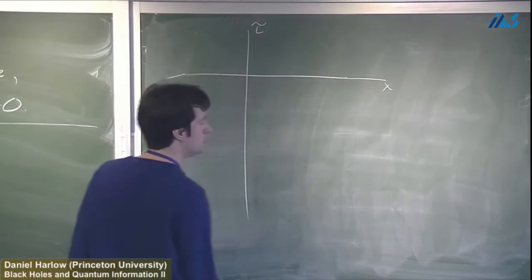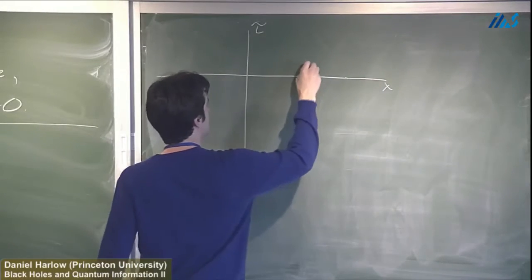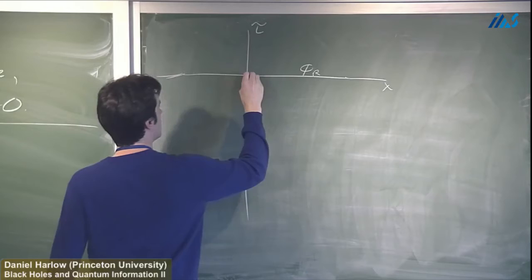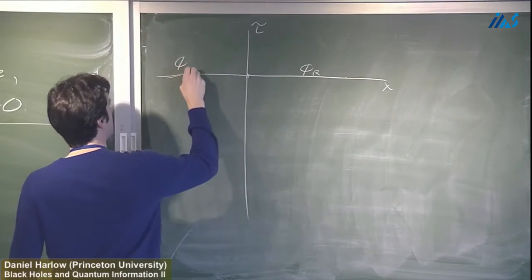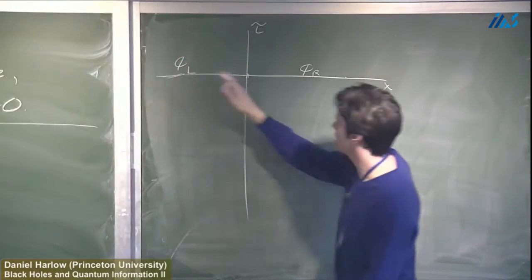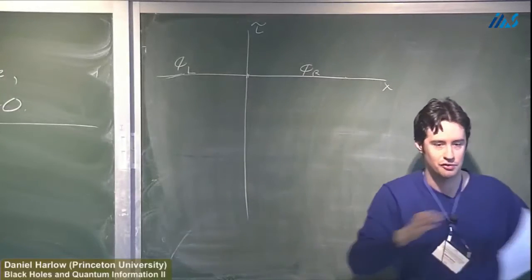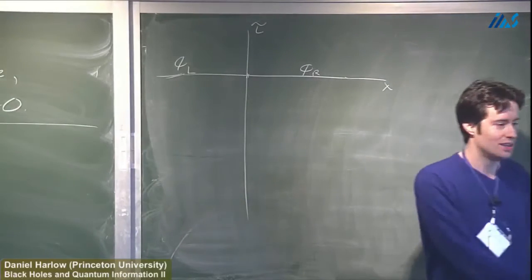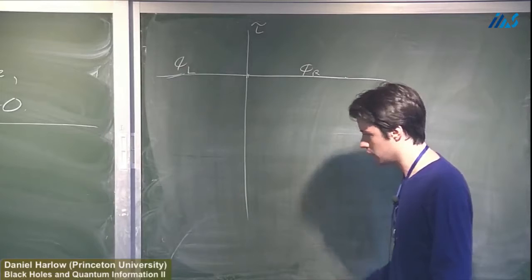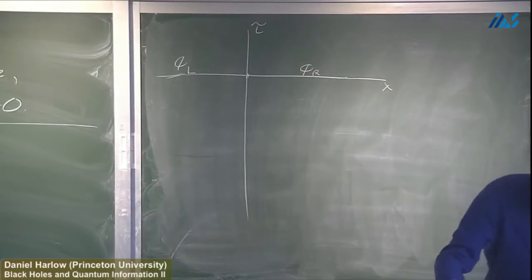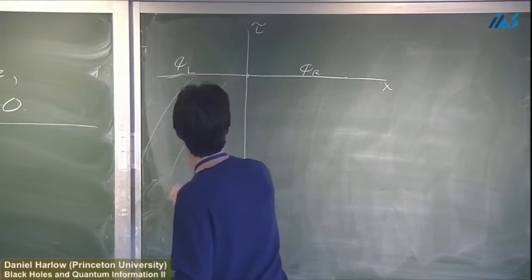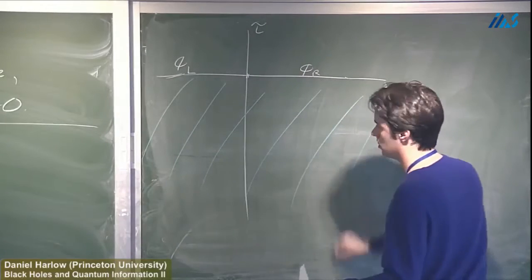This will be x. So now there's going to be a field configuration here on the right side and a field configuration here on the left side. I've just taken the tensor decomposition, so instead of labeling it by one phi, I'm labeling it by the fields on the left and the fields on the right. Then I just want to do the Euclidean path integral over this whole region.